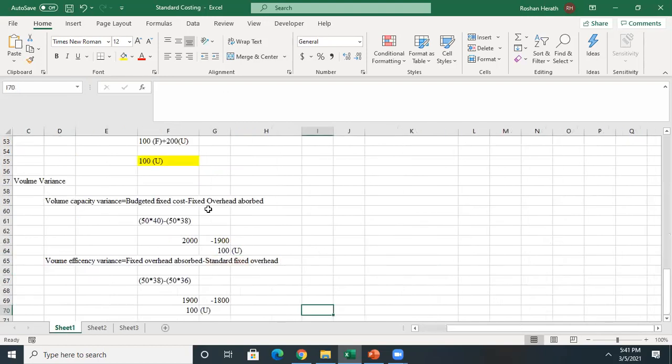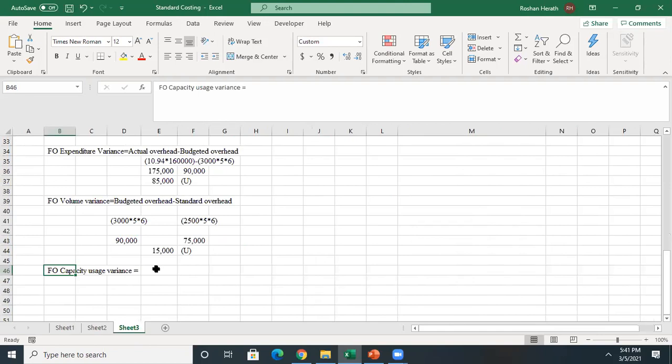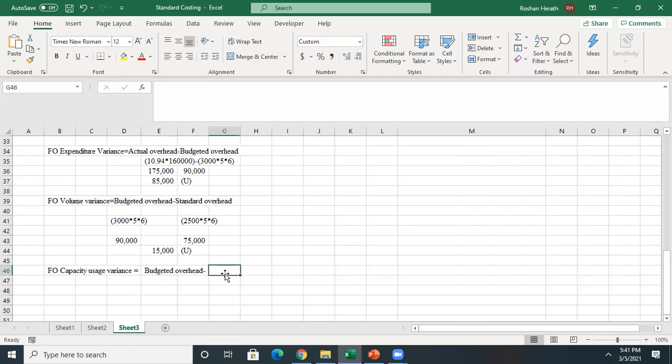Volume variance, budgeted fixed cost minus fixed overhead absorbed. Sorry, we have stopped now. Budgeted overhead minus the fixed overhead absorbed.